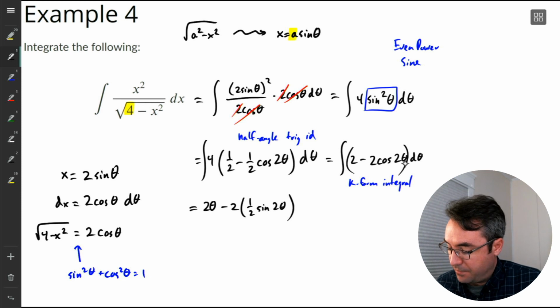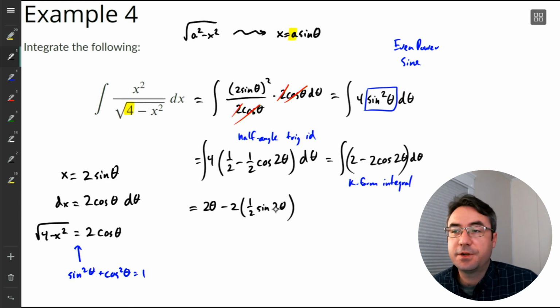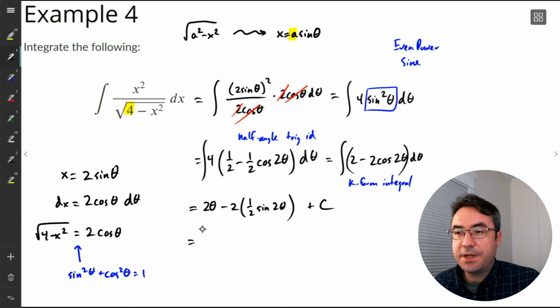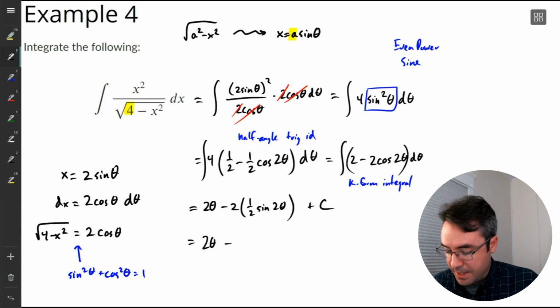So remember, with a k-form, the 2 theta inside the trig function stays the same, but then we take that constant that is inside, flip it, put it in front. And then we put our plus c. And then we can simplify this down just a little bit. So the 2 theta, and then the 2 and the 1/2 cancel out, and we're left with just minus sine of 2 theta.